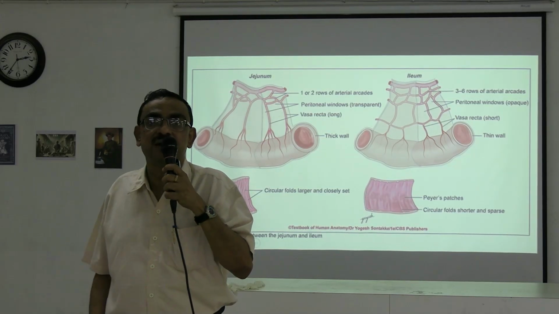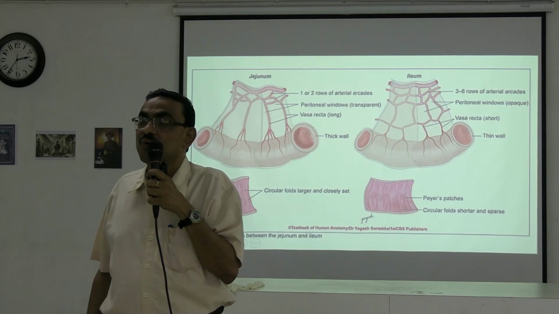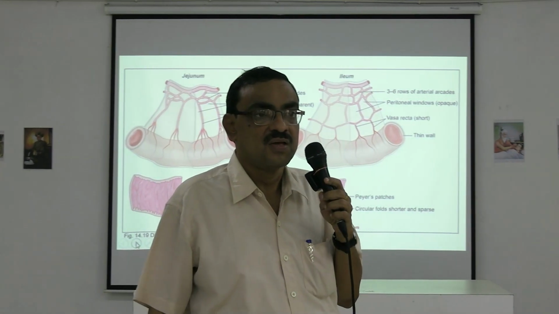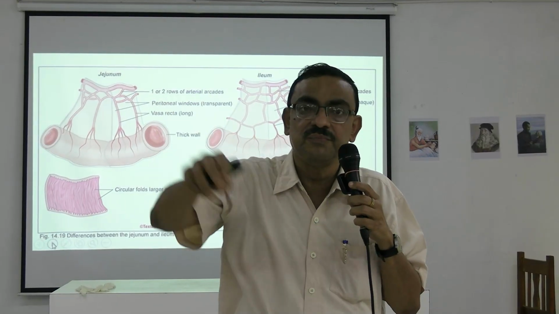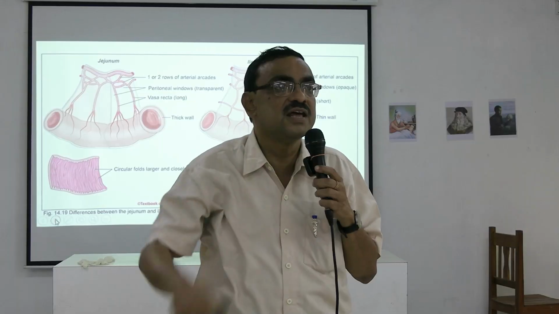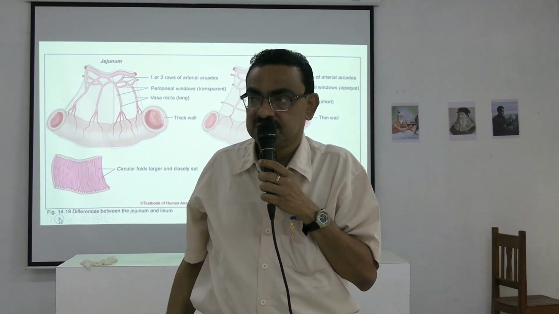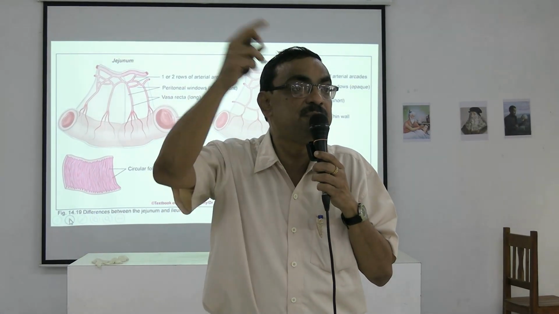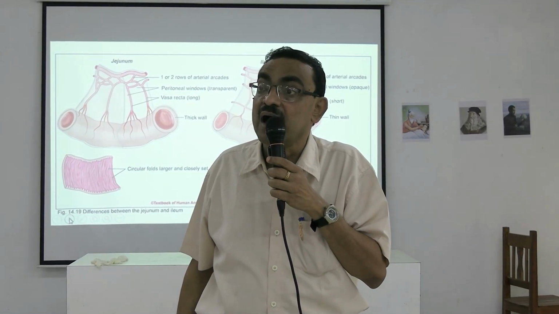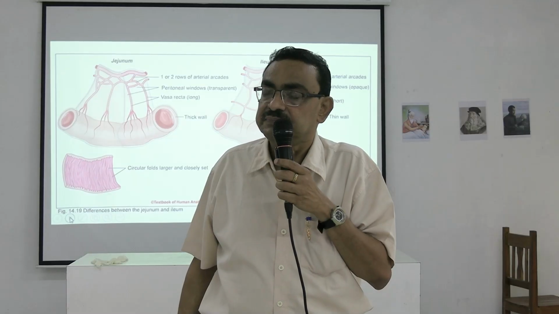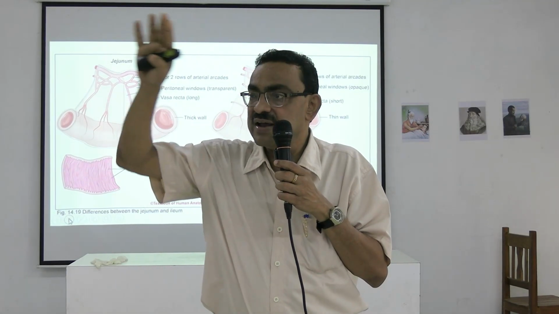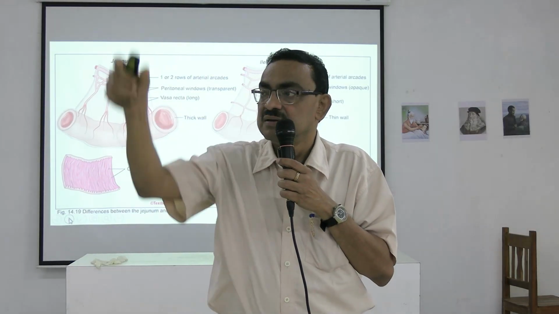And Peyer's patches are present over the anti-mesenteric border. Actually, the whole small intestine is hanging from the posterior abdominal wall with the help of a fan-shaped fold of peritoneum, which is called the mesentery. The mesentery actually covers the gut.